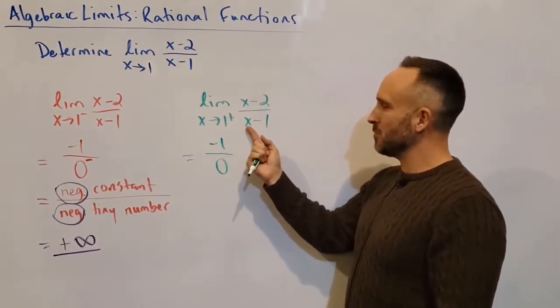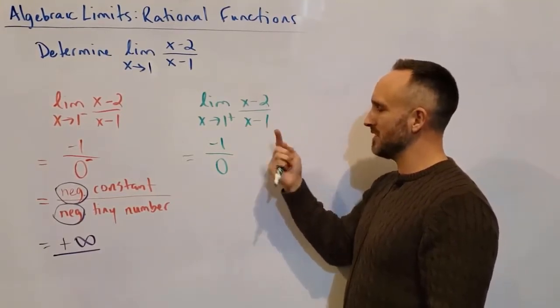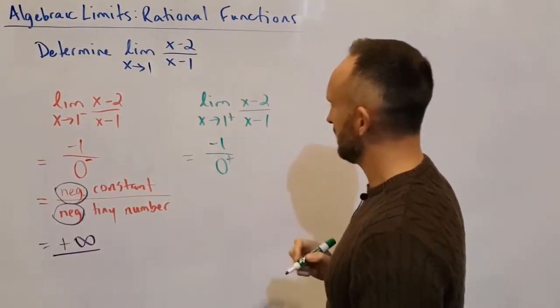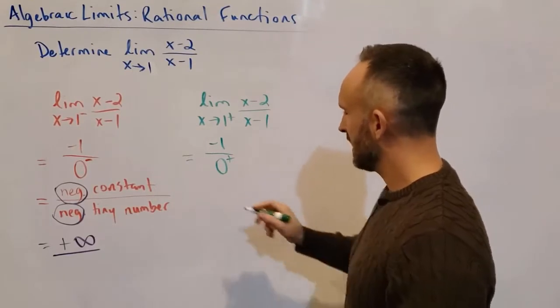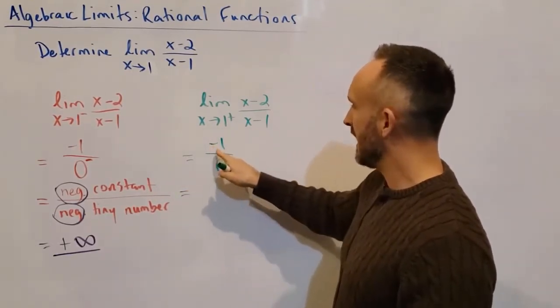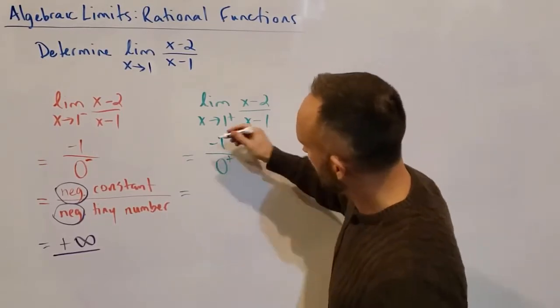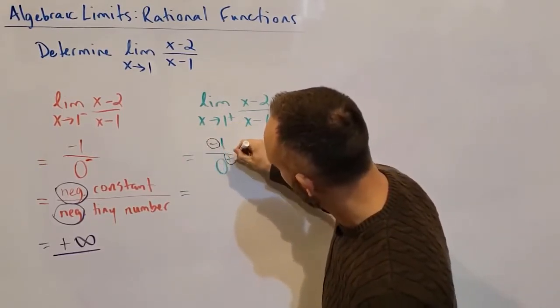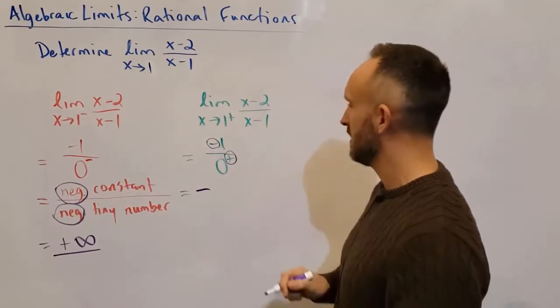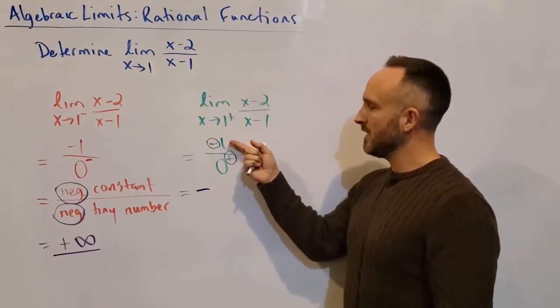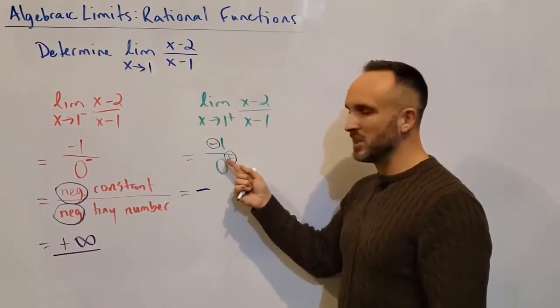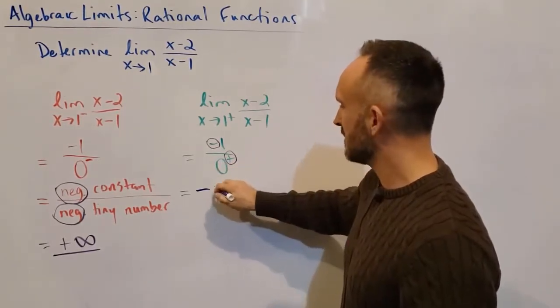And you can imagine if you plug those numbers in for x, you're going to get a positive number that's close to 0. And similarly, we have a negative divided by a positive, which results in a negative number. And we have a constant divided by a really tiny number, which is massive.